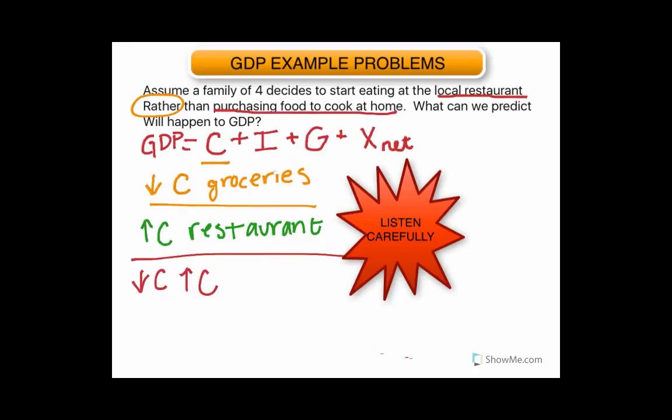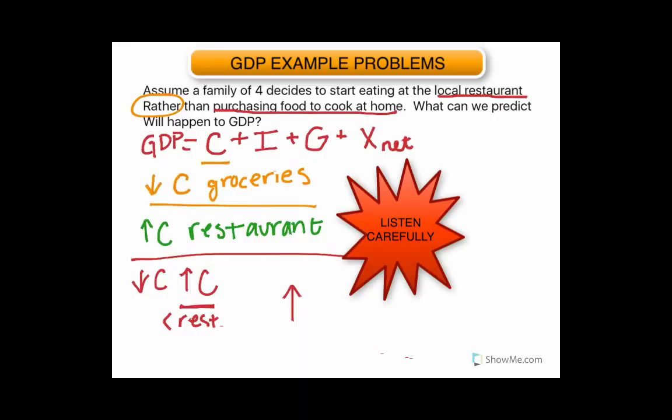So we would assume that at the restaurant you're paying a greater value than if you just bought groceries, because the restaurant is charging you not only for the price of the food but also the cost of making it. So this increase in consumption from the restaurant would be greater than the decrease in consumption from the groceries, and overall our GDP is increasing.